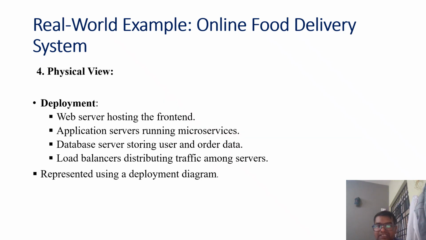Next one is the physical view, which is also deployment. For the online food delivery system, we need a web server hosting the front end, application servers running microservices, a database server storing user and order data, and a load balancer distributing traffic among servers. This shows how we do the deployment for the online food delivery system.